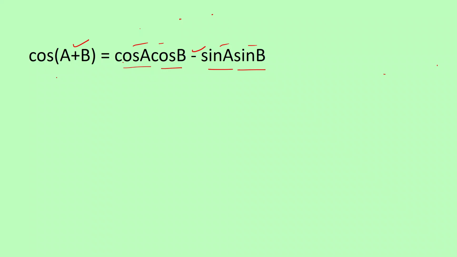Alright, so again, if we want to derive cos of a minus b from this formula itself, what we do, we just replace b with minus b. So cos a cos of minus b minus sine a and sine of minus b.